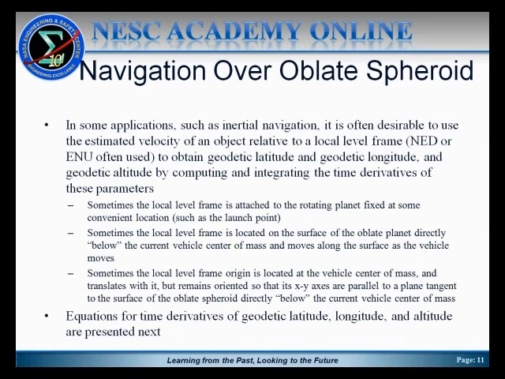Sometimes that local frame would be located at the vehicle's center of mass and translate with it, but it would remain oriented so that its x and y axes are still parallel to the plane tangent to the surface that's directly beneath the vehicle's center of mass at any time. And on the next slide, we'll discuss how you would compute the time derivatives of geodetic latitude, longitude, and altitude for such a local level frame.